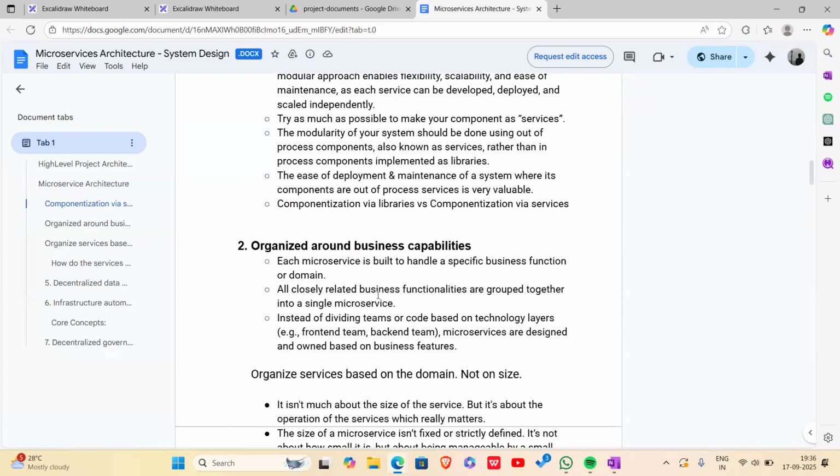Each microservice is built to handle a specific business function or domain, and all closely related business functionality is grouped together into a single microservice. Instead of dividing teams or code based on technology layer, for example front end, back end, microservices are designed and owned based on business features.